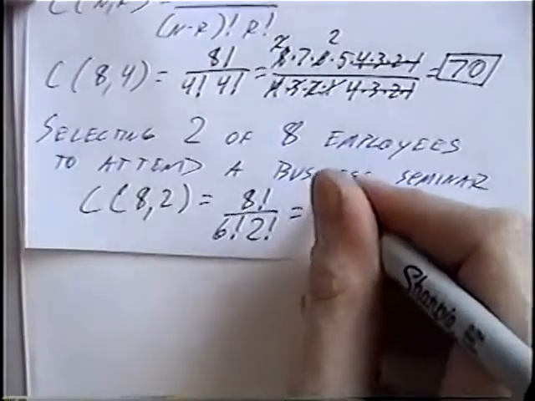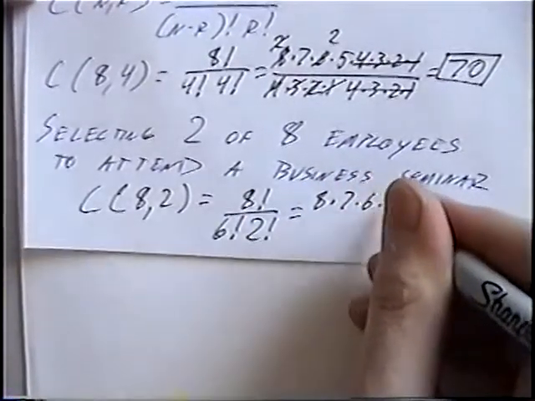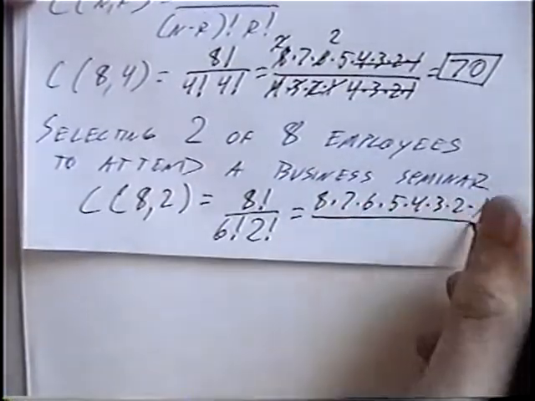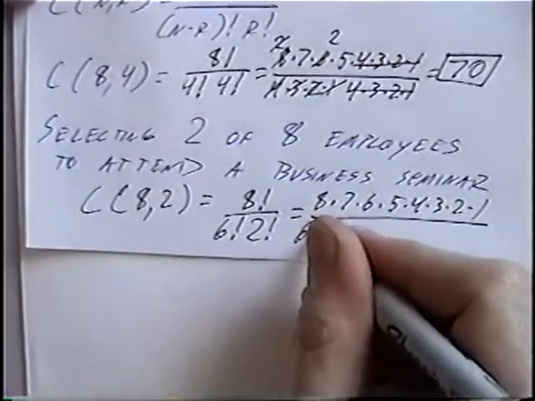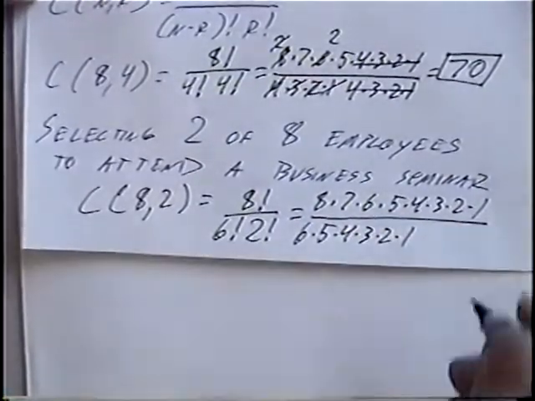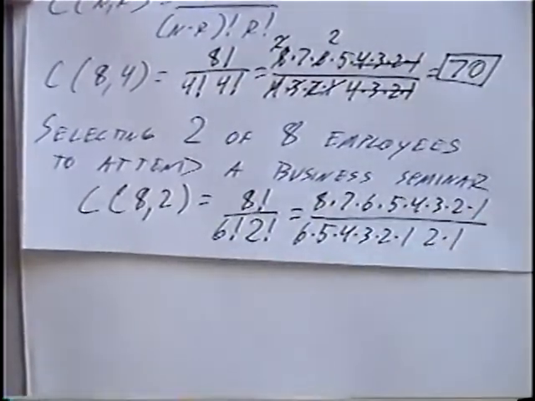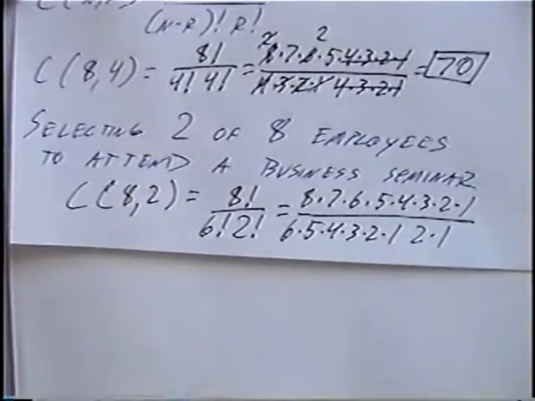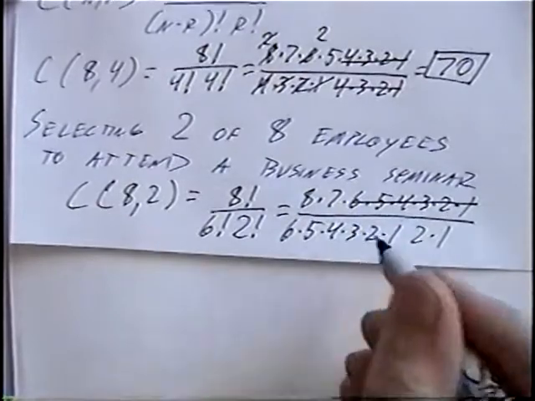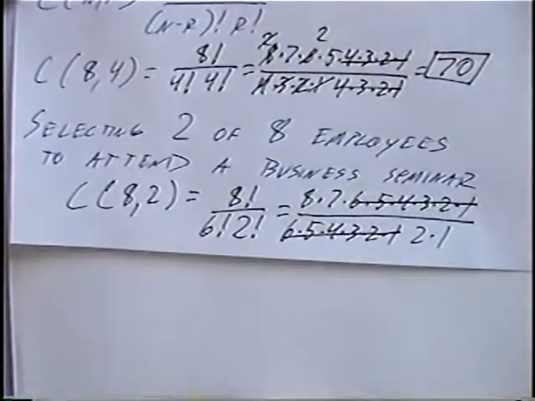8 factorial again, be 8 times 7 times 6, all the way down to 1. 6 factorial would be 6 times 5 times 4, down to 1, and 2 times 1. Again, simplifying this, 6 times 5 times 4 times 3 times 2 times 1, we can cancel those.